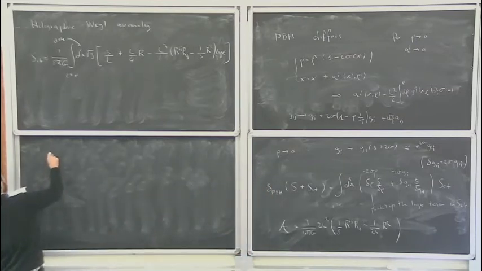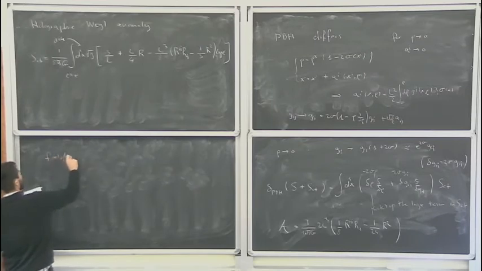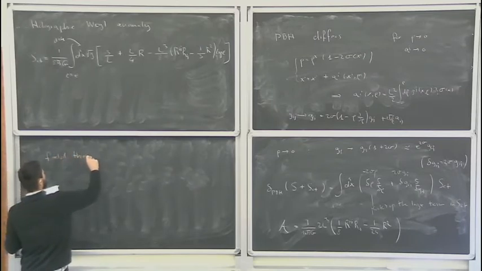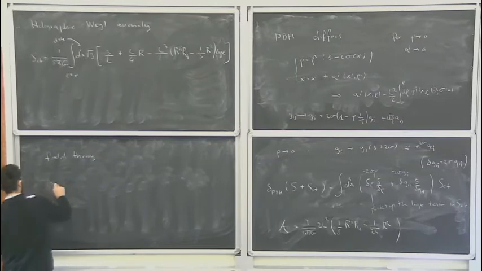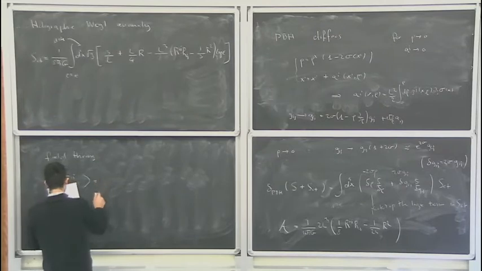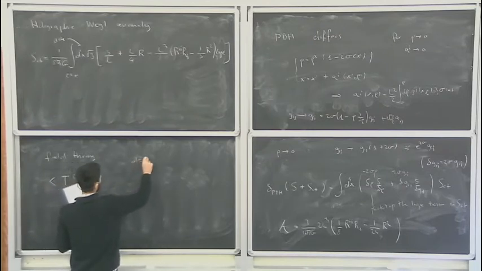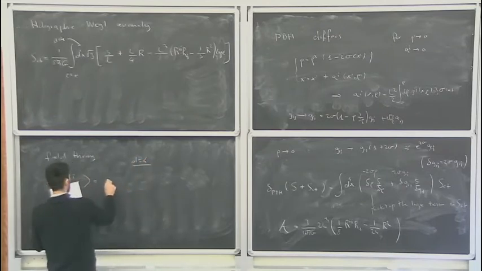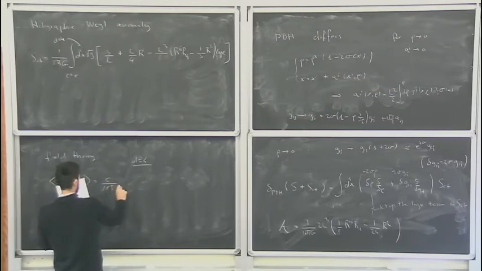So on the field theory side, it was known from much before the AdS-CFT correspondence that the trace of T, generically in D equal 4, to be concrete, takes the following form with canonical normalization.